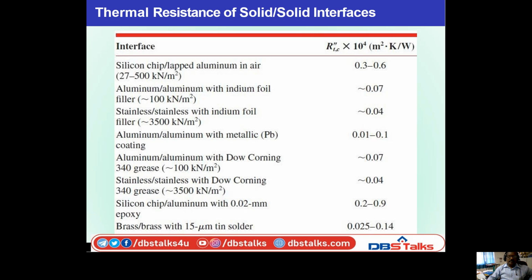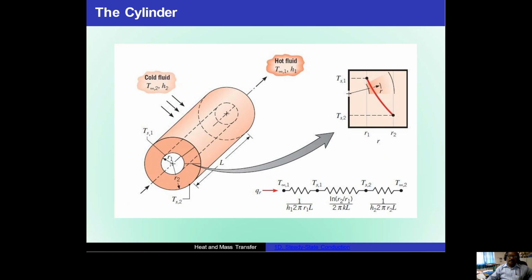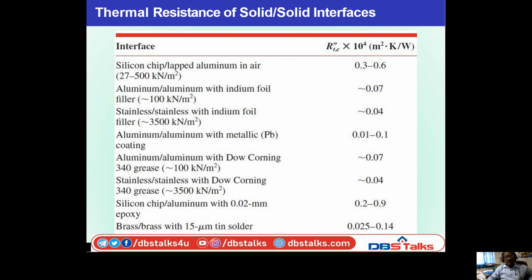Whenever it is required in problems, these values are generally given. If not given, we can find this thermal resistance from the tables, for silicon, aluminum, brass and other metals. These thermal resistance values are available in heat transfer data books.